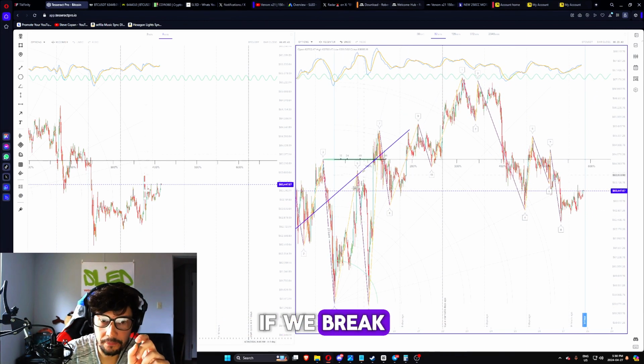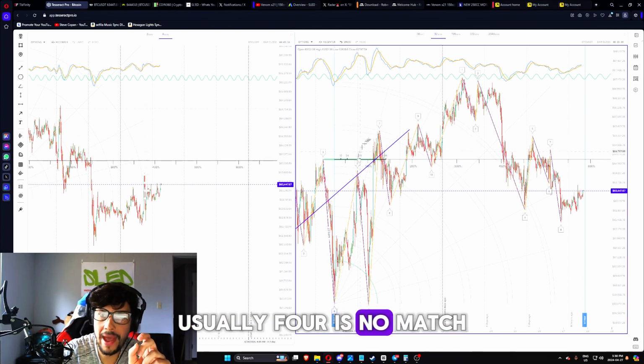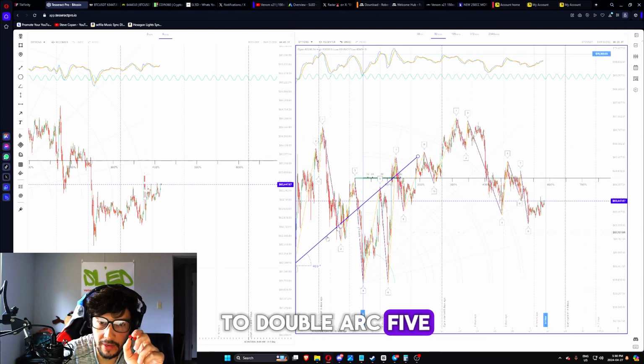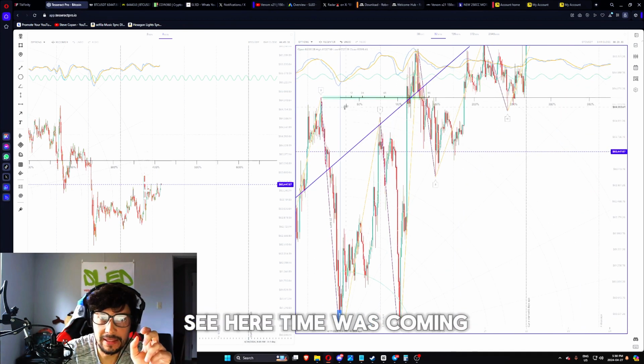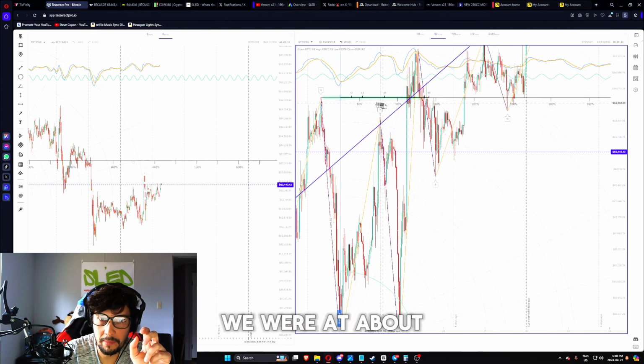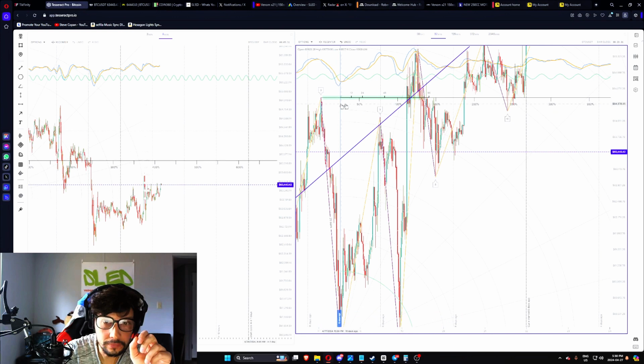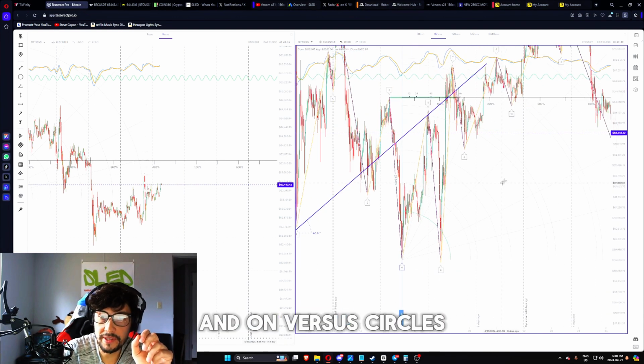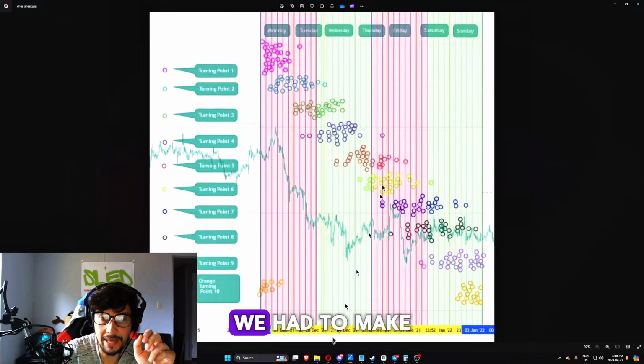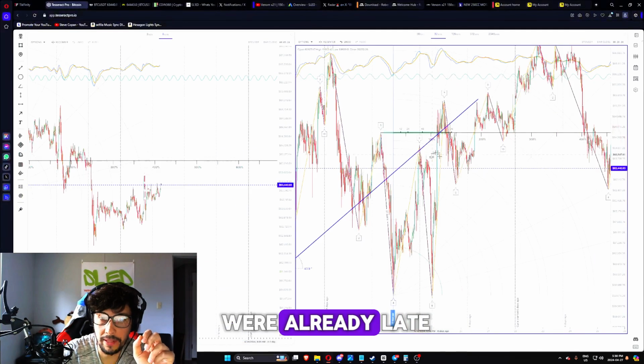If we break this double arc, usually 4 is no match and it goes straight to double arc 5. But as you can see here, time was coming. We were at about 75% time. And on Bertha circles, on a cheat sheet, we had to make a turn because we were already late.